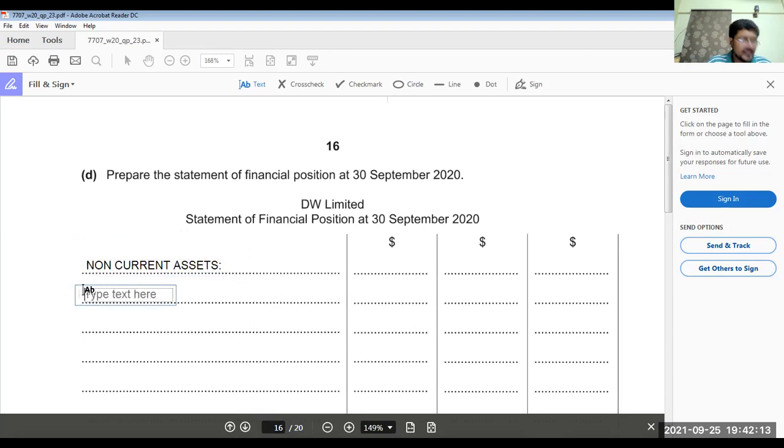So your non-current asset is 462,000 cost, less accumulated depreciation.